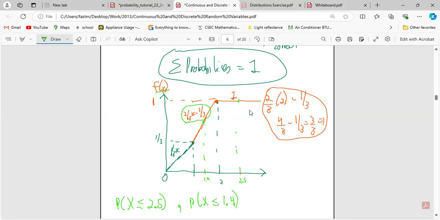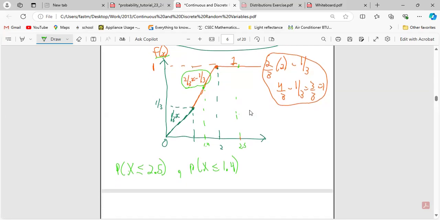You can rinse and repeat this graph, play with it if you want to. Another weird one you could do is the probability that x is less than or equal to 2 and more than or equal to 1. So more than or equal to 1 but less than or equal to 2 will be this range here.